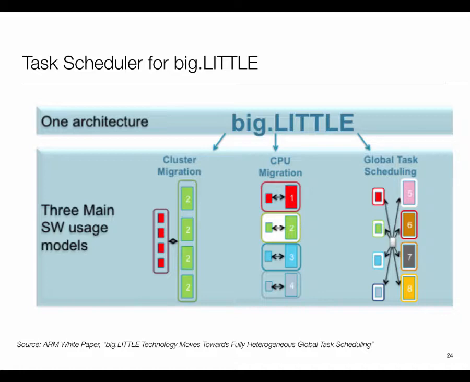One simplest model is that I switch from all little to all big. A more complicated model is that within each cluster, I can make a choice whether big or little is active. And the final one is totally fluid. I can decide whatever subset I need at any given point in time. It can range from one little to all four bigs, and anything in between. And it really just boils down to the ability to schedule these things.